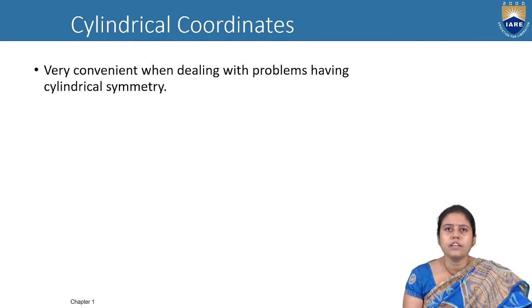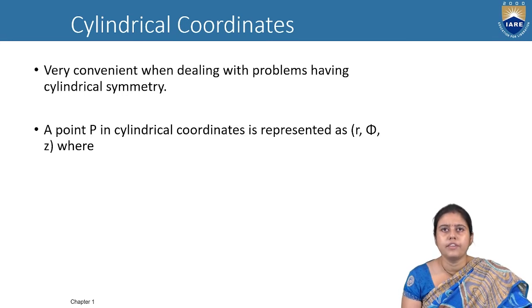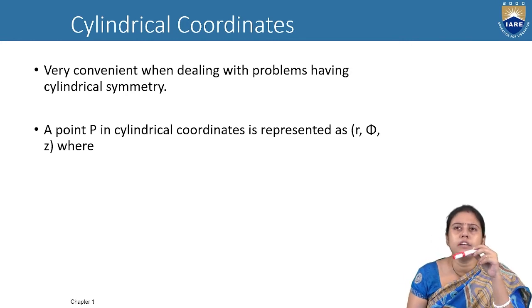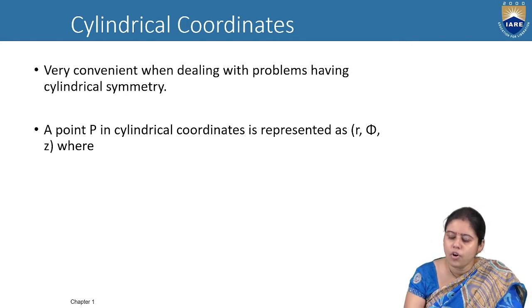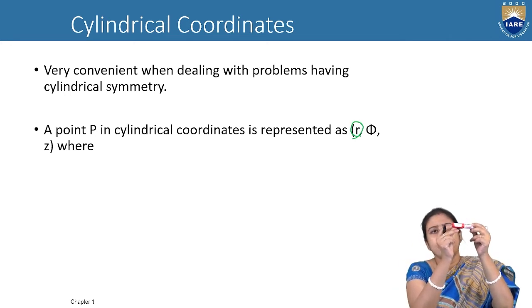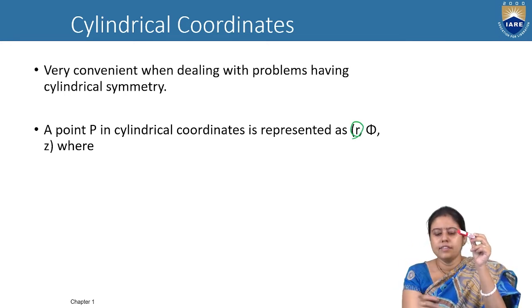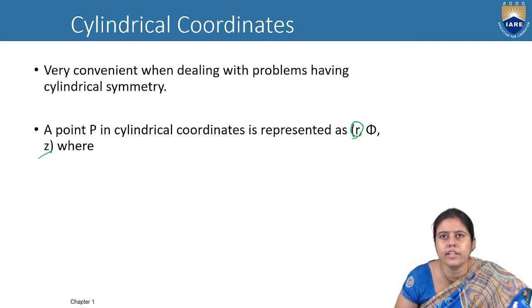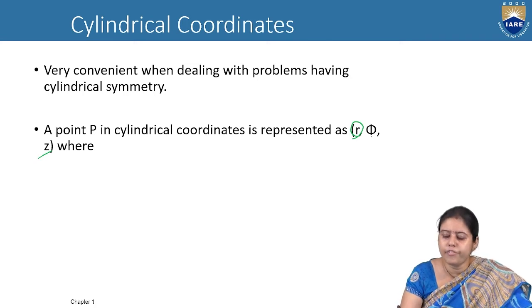So there we can use cylindrical symmetry. And we can give a point using three coordinates: one is r, the radius; one is the height z; another one is the angle with respect to the origin. This is called phi.